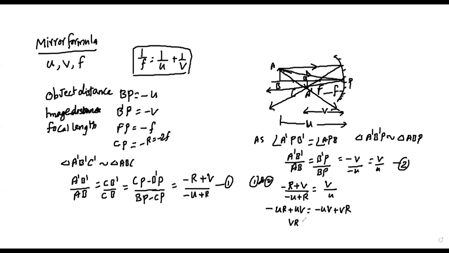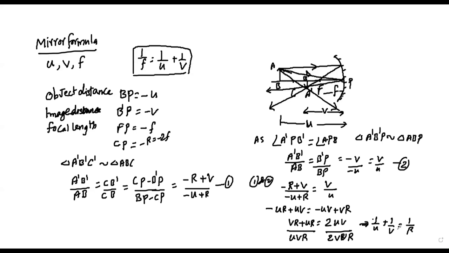So VR plus UR is equal to UV plus UV, 2UV. Okay. Now, on both sides we divide by UVR. That implies VR by UVR, which means 1 by U, plus UR will be cancelled, that is 1 by V, is equal to 2UV cancelled, that is 1 by R.